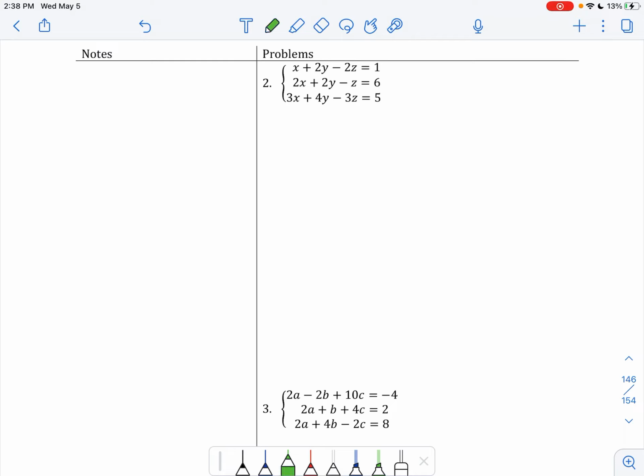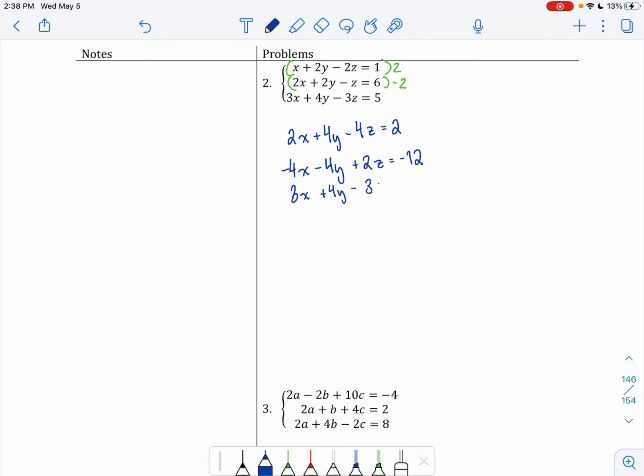So I'm going to multiply this top one by 2, the second one by -2 to make that middle one the negative. So then I get 2x plus 4y minus 4z is equal to 2. And negative 4x minus 4y, negative 2, so plus z, is equal to -12.